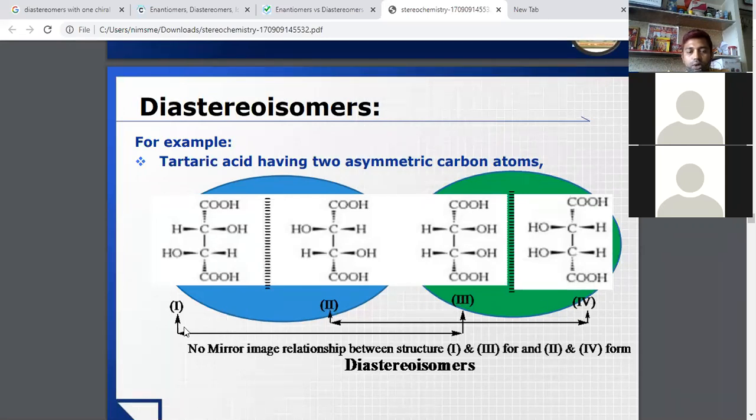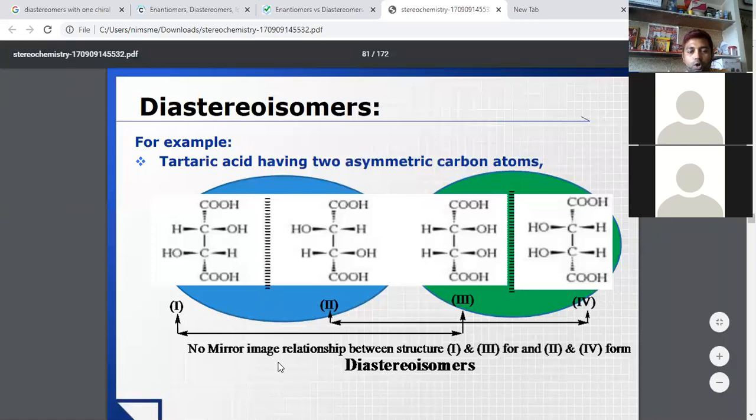Can you see? There is no mirror image relationship between structure 1 and 3, and between 2 and 4. These are non-mirror images.